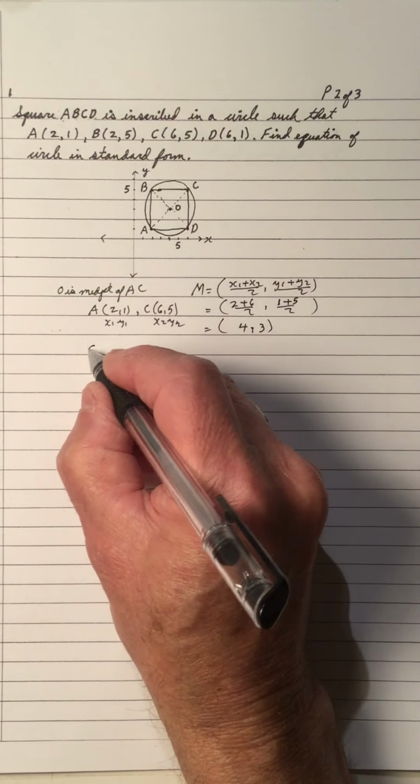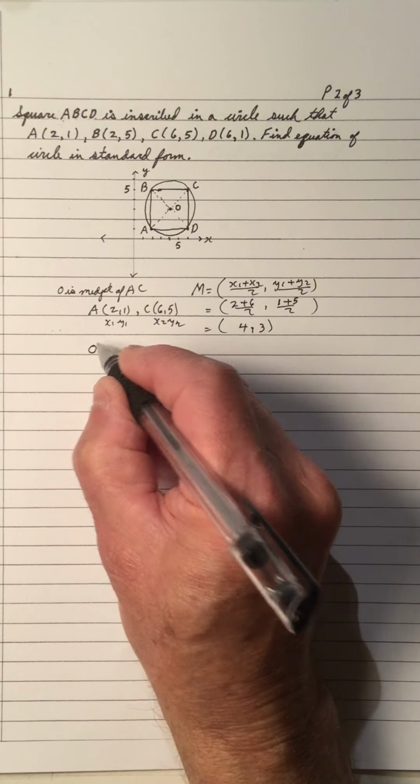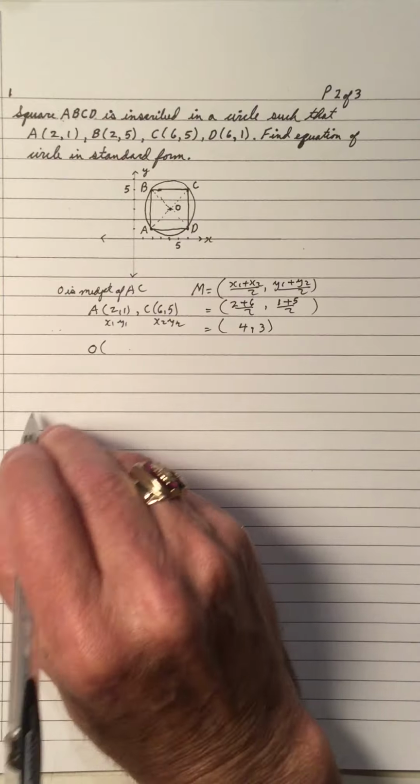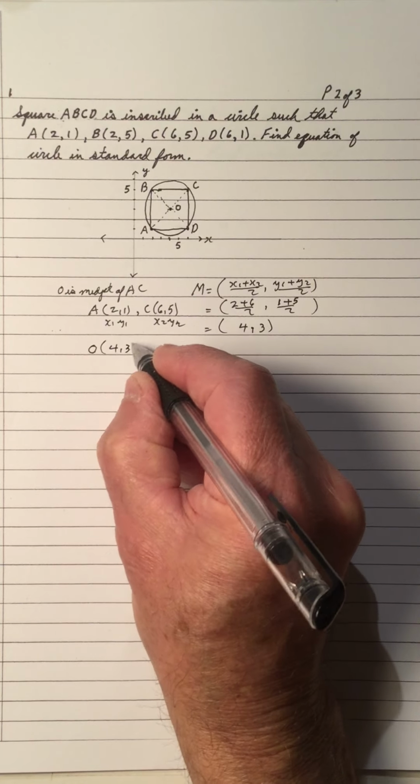So the center of the circle, which I'm labeling as O, is (4, 3).